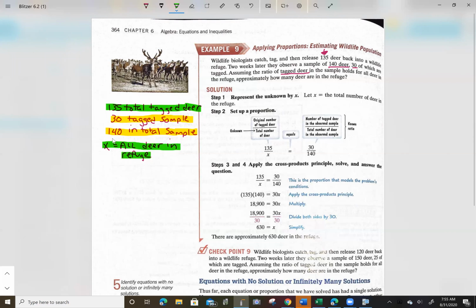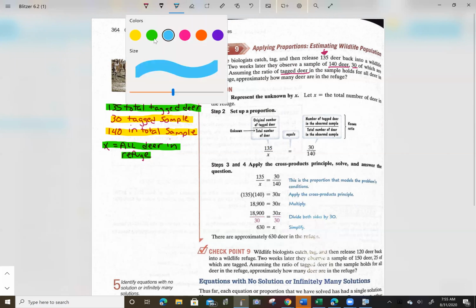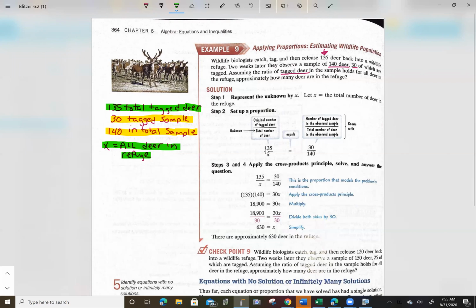I wrote all, I should have written total so they looked similar. Okay. So the way they set it up over here is the original number of tagged deer, 135, over, oh, maybe I should stick with the colors that match what I did. They did 135 total tagged deer over all of the deer. Okay, and that was what we did in green.